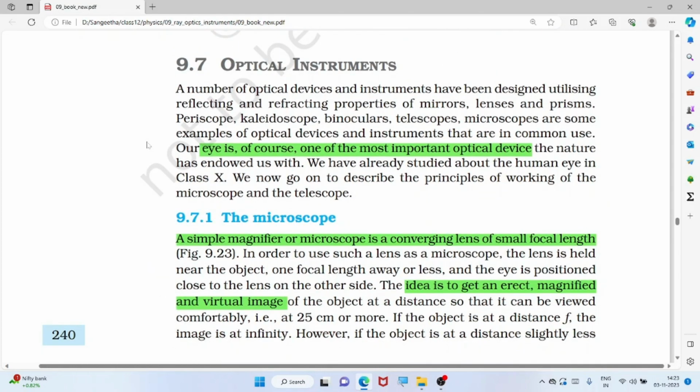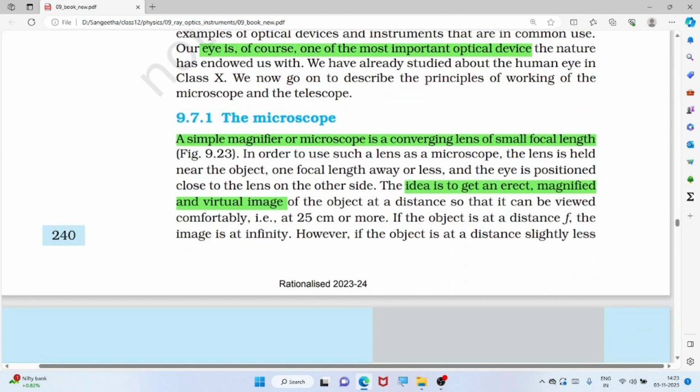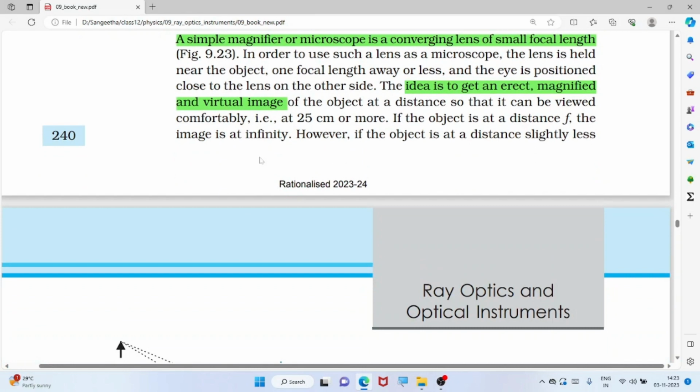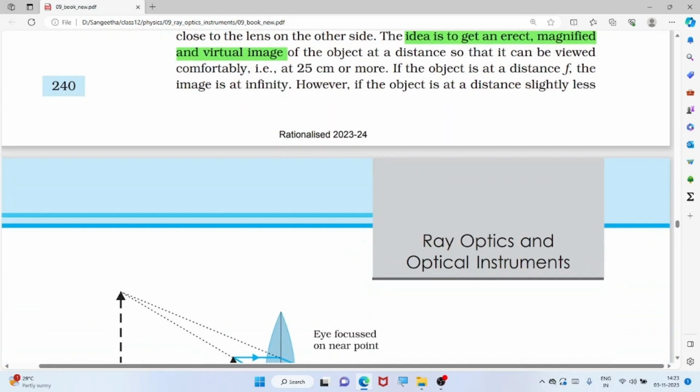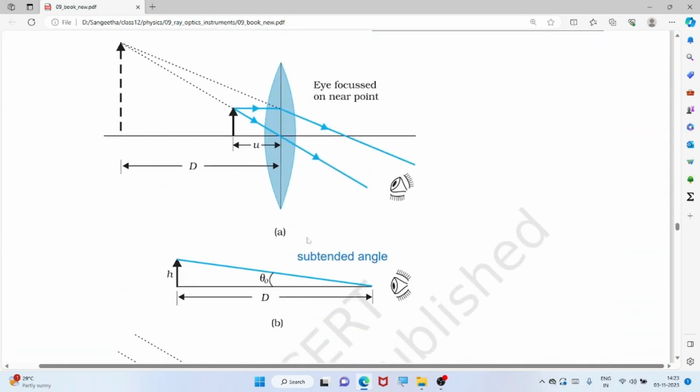Optical instruments. The important ones are the microscope and the telescope. Both are magnifiers, but the lens arrangements are different. For the microscope, we get erect, magnified, and virtual images. This is the angle subtended at the eye.